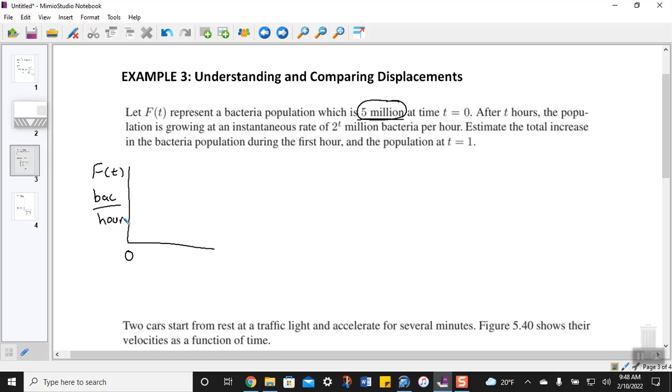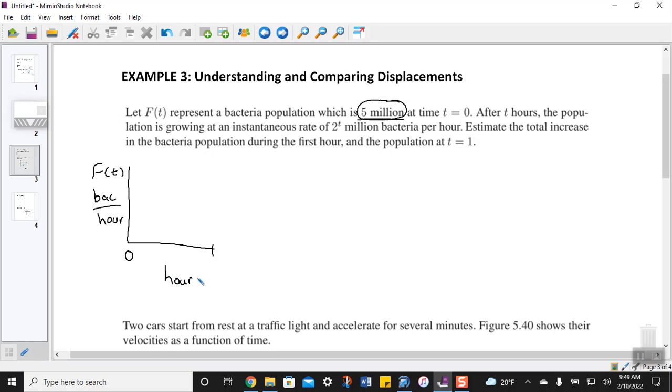We're going to measure that over how long? Maybe the better question first is this: we're going to measure the bacteria growth per hour over what time unit? What's the horizontal axis going to be? Hours down here, because t is measured in hours. That's important.